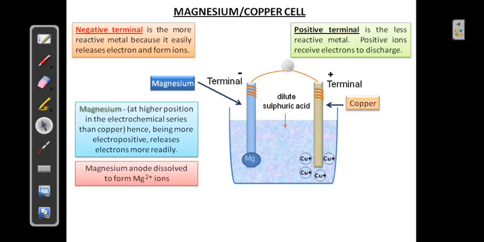Then what happened? The magnesium anode dissolves slowly to form magnesium 2 plus ions. That is when you pass the electricity. You don't pass electricity, they produce electricity. So when the magnesium anode dissolves to form magnesium 2 plus ions, it will move freely in the solution.